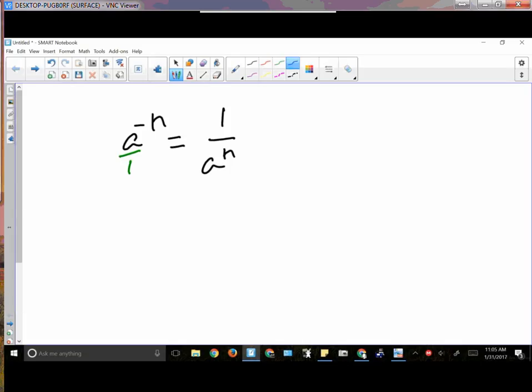Likewise, if I would have 1 over a to the negative n, what would that look like? That would look like a to the n. So the negative allows us to move things from the numerator to the denominator. Essentially what it allows us to do.